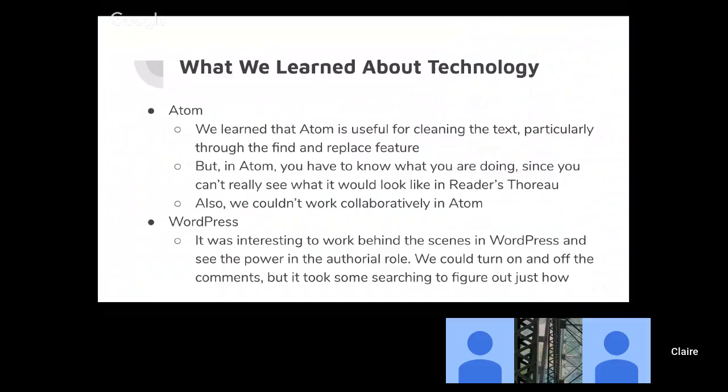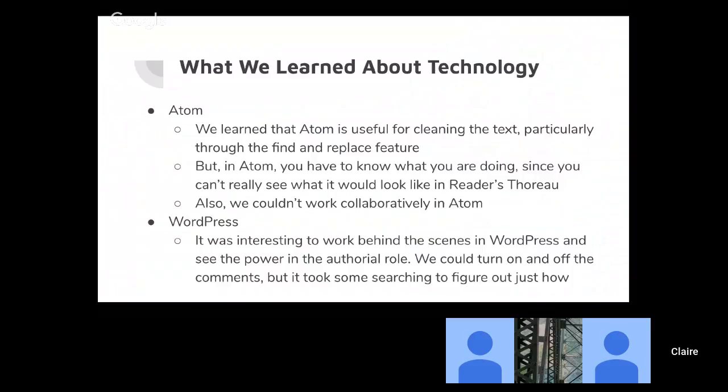But also we found that in Atom, you can't necessarily see how the final product will look. The preview can only tell you so much, because when you post it to the Readers Thoreau, it'll ultimately end up looking different. So it was tough using Atom because it suffers the same pitfalls as all plain text editing programs do, in that if you edit something incorrectly, it won't work, and it doesn't necessarily tell you where.